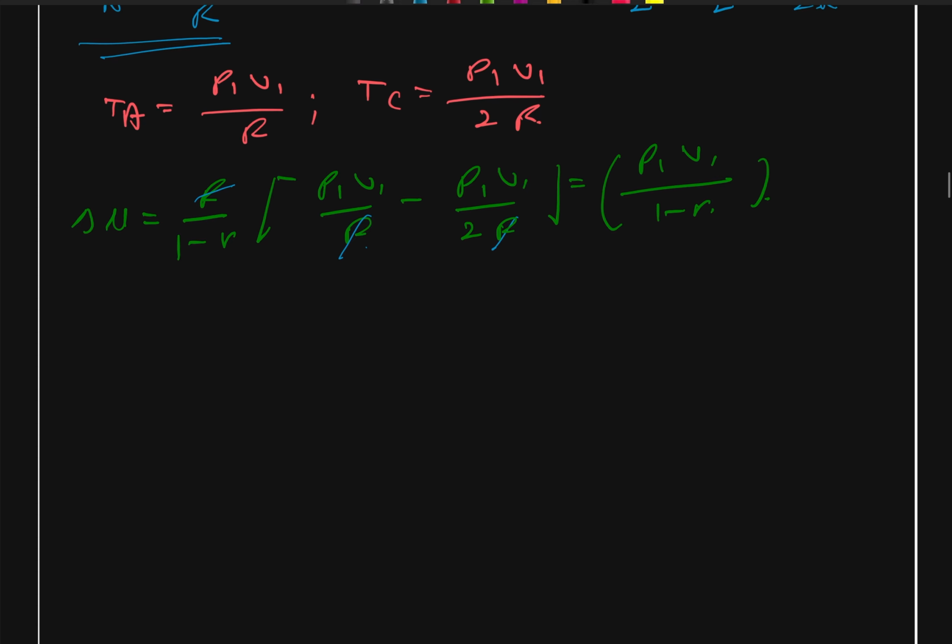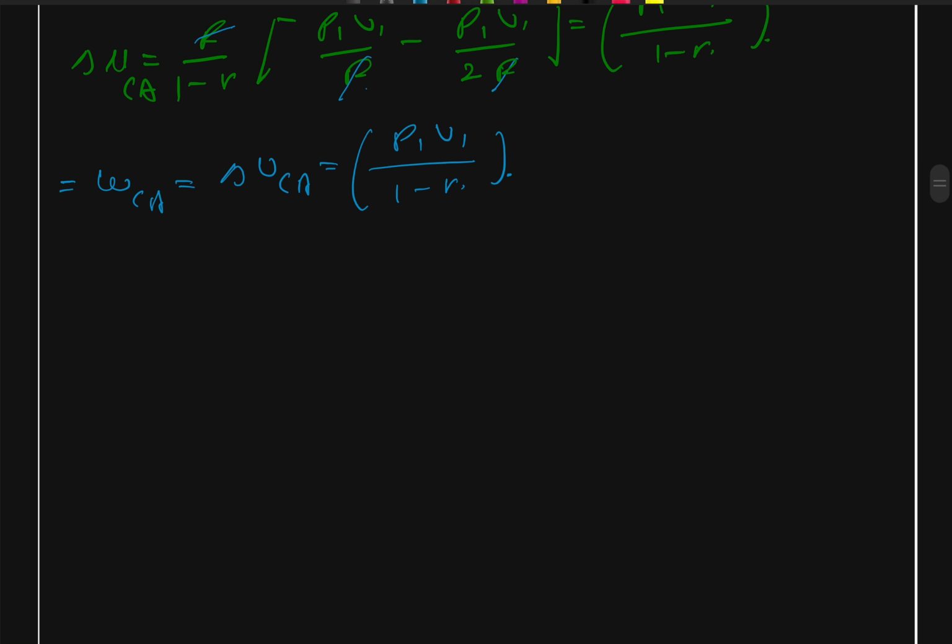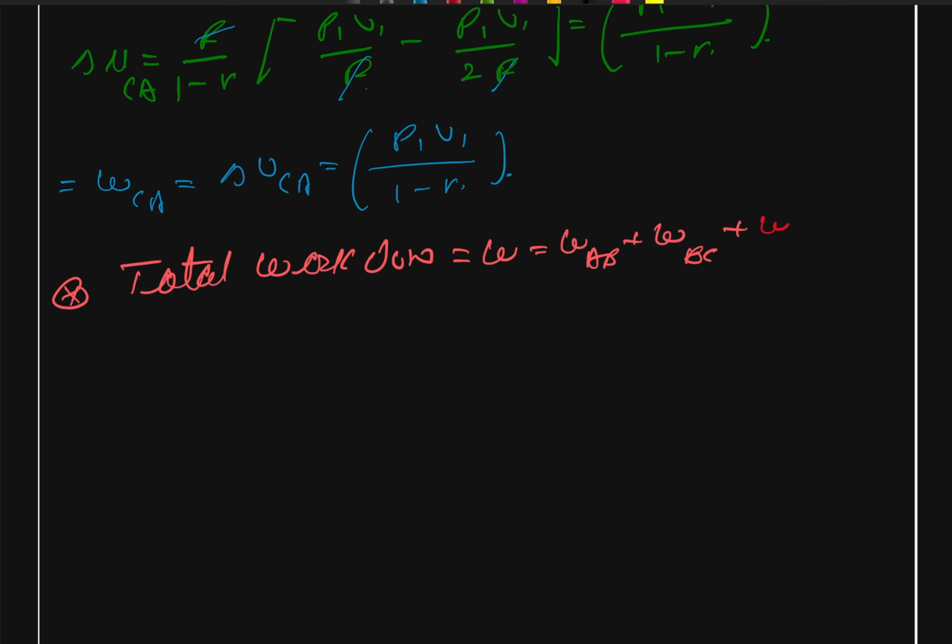Therefore, our work done for CA, which is our change in internal energy for CA, gives us P1 V1 upon 2 times 1 minus gamma. Now we can find out our total work done. Total work done, which is our W, will be equal to WAB plus WBC plus WCA.